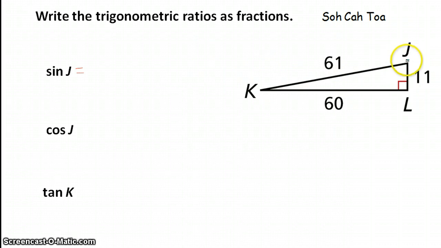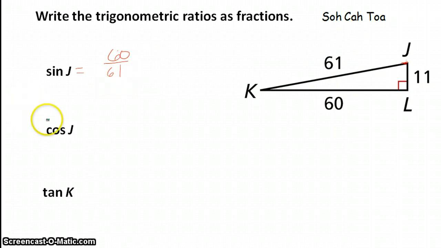We're looking for the side opposite. I see I have side 60. So that's going to be my side 60 over the hypotenuse, and the hypotenuse is 61. So there's my ratio.